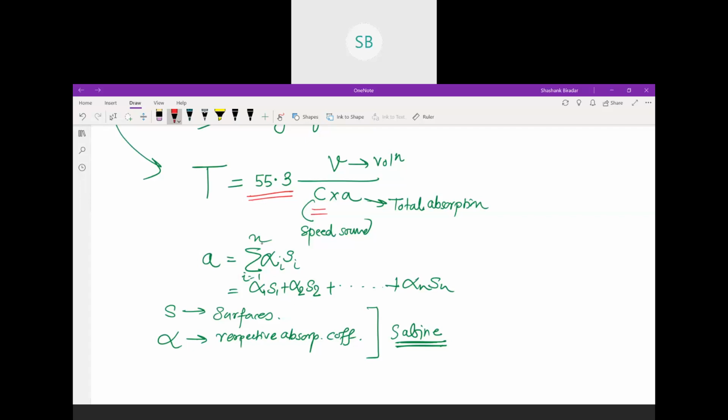Yes, it is 344 meters per second. So these two are constants.